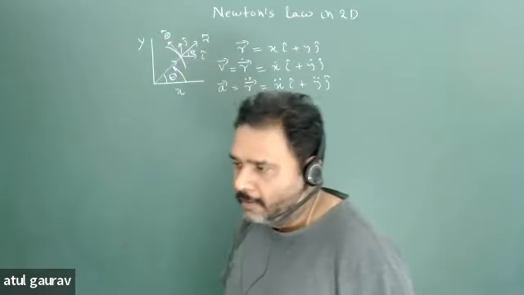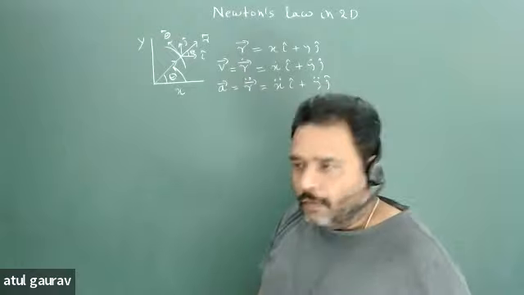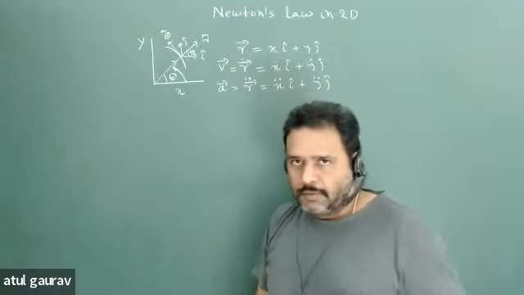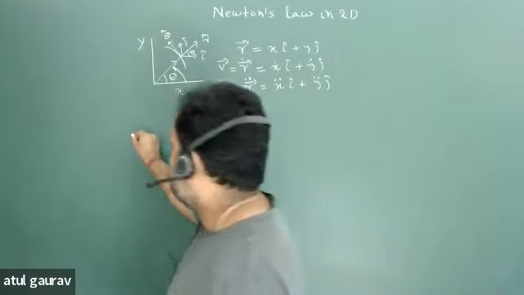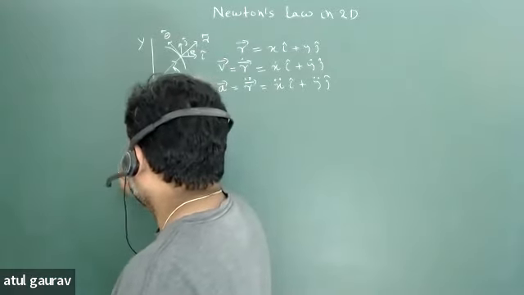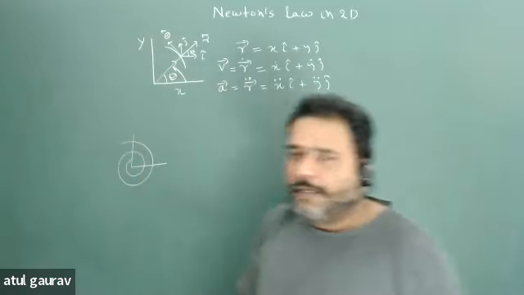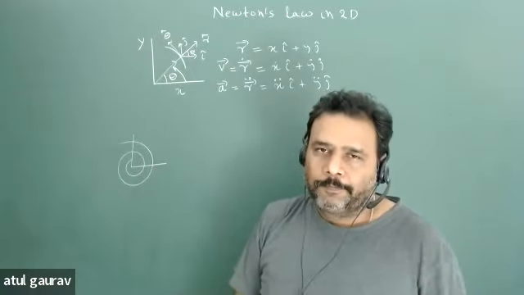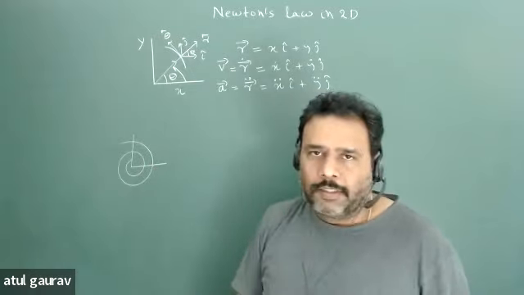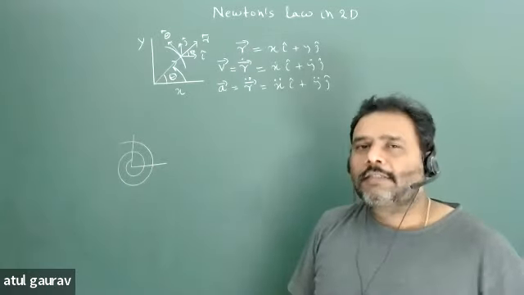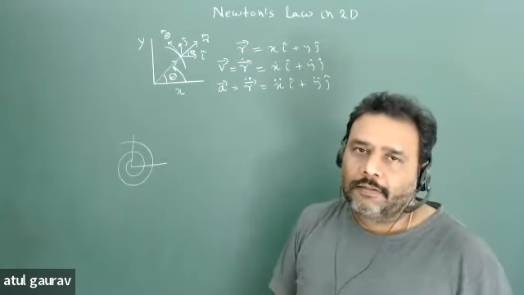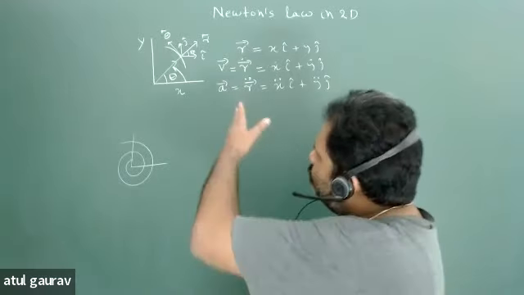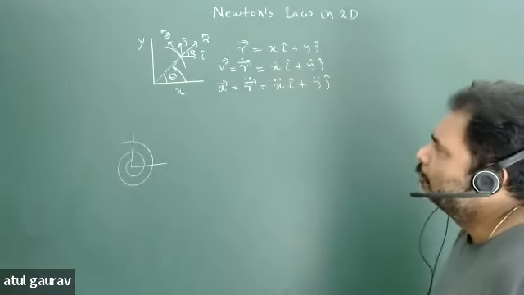Suppose you are doing a spiral motion, something like this; then it is very difficult to solve this type of problem in a Cartesian coordinate. Yes, mathematically you can solve it, but it is not a very efficient method. So what do we have to do? We have to go for a new coordinate system.